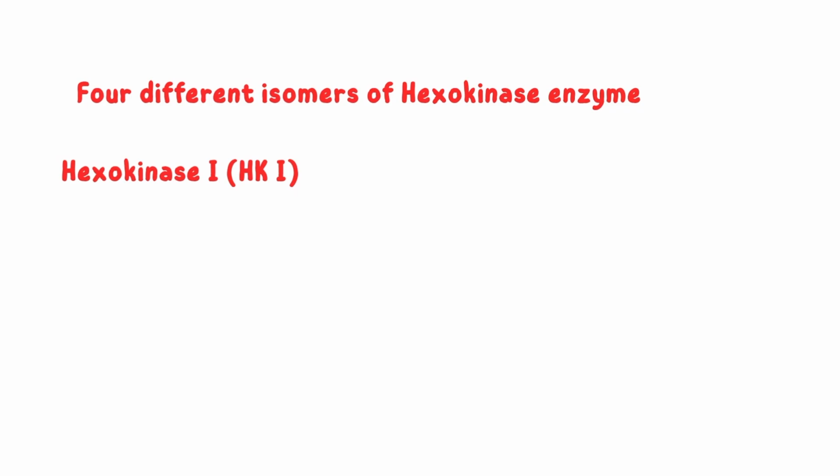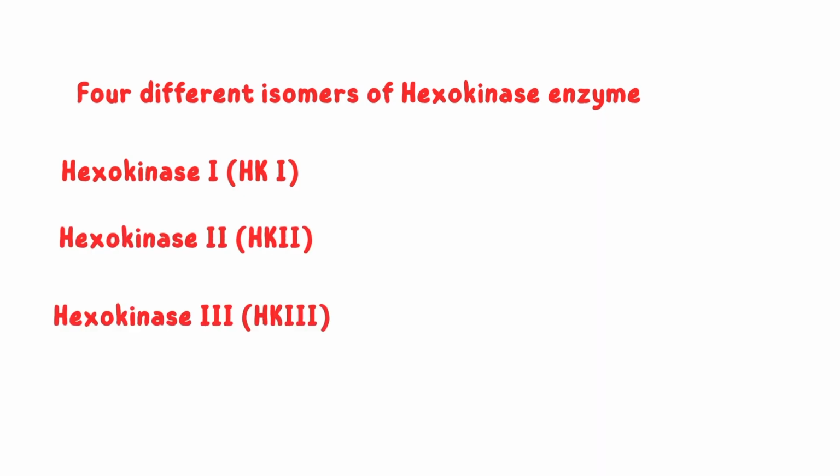The hexokinase enzyme, which initiates glycolysis, has 4 different types of isomers known as hexokinase 1 or HK1, hexokinase 2 or HK2, hexokinase 3 or HK3, and hexokinase 4 or HK4.